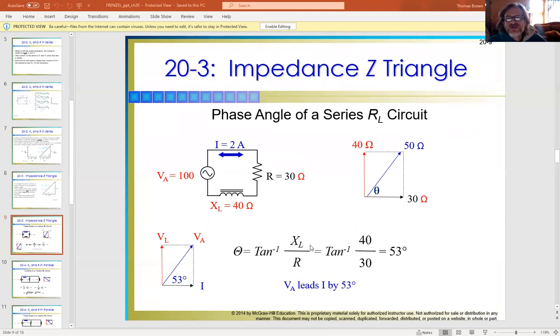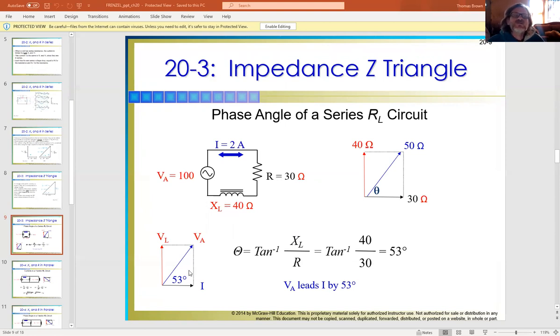So we plug that in, and we get our values. So in this case, X of L is 40, the resistor is 30. Do the division there and then pop the arctangent button on your calculator. And then we see that this one is 53 degrees.